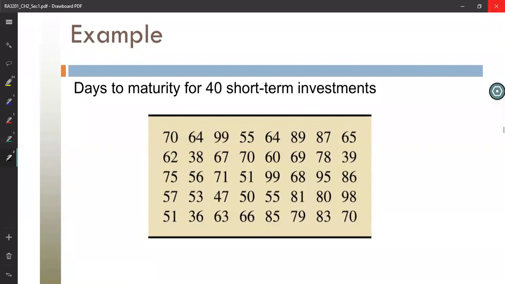So these are the days to maturity for some short-term investments. Now, when you look at these numbers, you cannot tally like the previous one because these are all different numbers. What is the minimum and what is the maximum? Can anybody find it from this bunch of numbers? The smallest and the largest value? What is the smallest number?